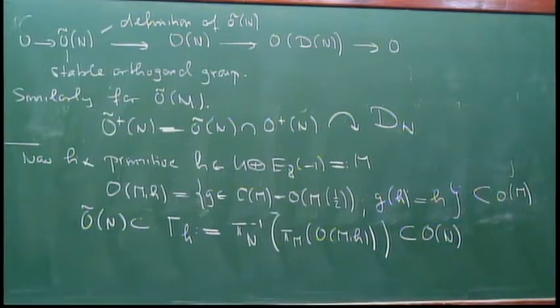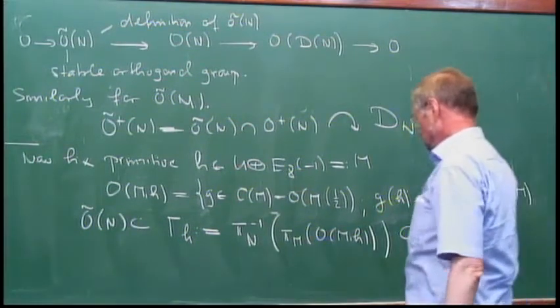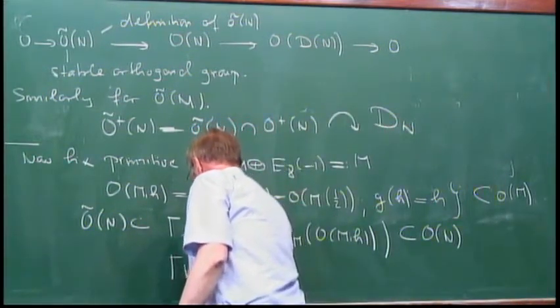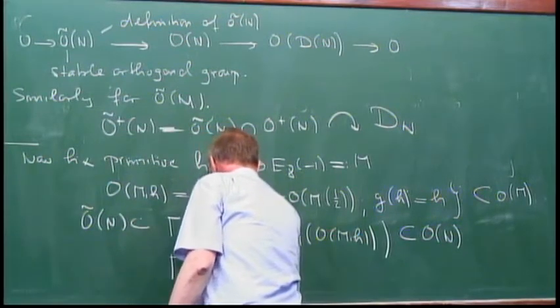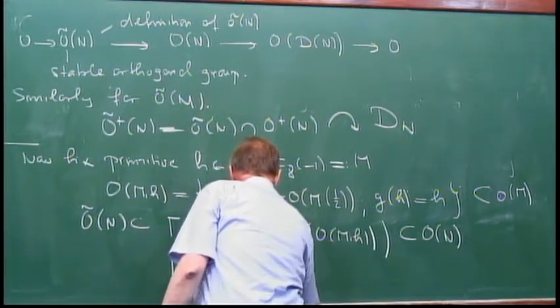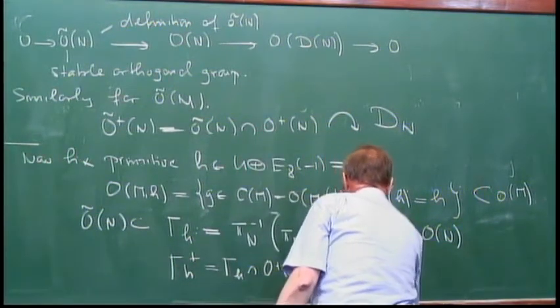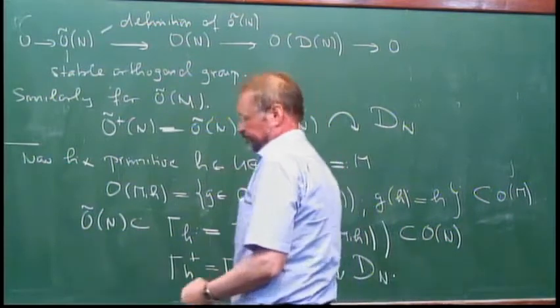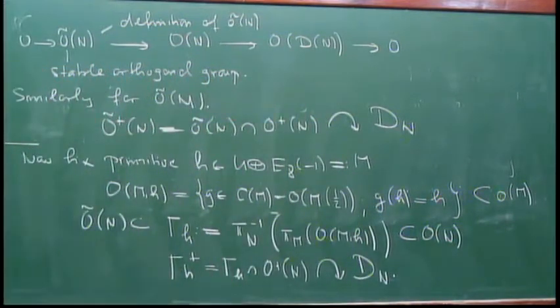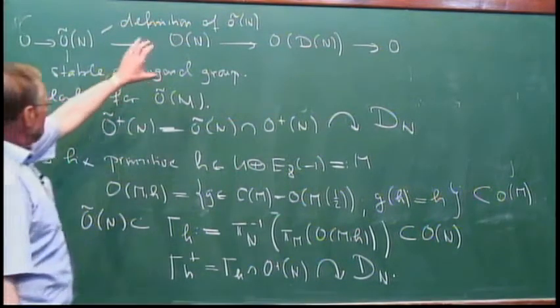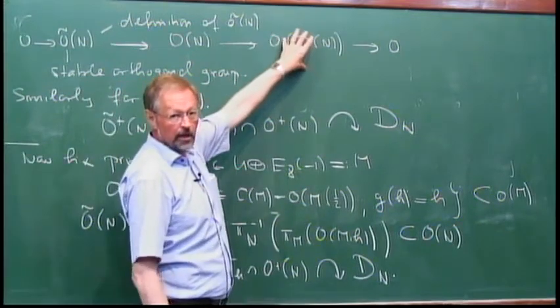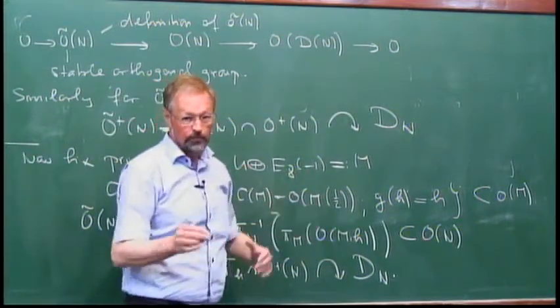So this is an arithmetic subgroup. And I said this is the last group I wanted to define. I was wrong. We take gamma h plus, which is gamma h intersected O plus of n, and that again acts on the n. Okay? So you have a group, you project it down here, you identify. Okay.